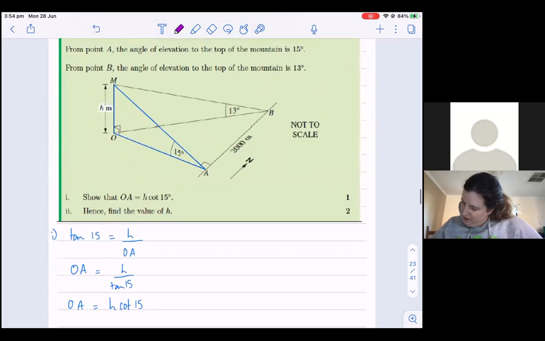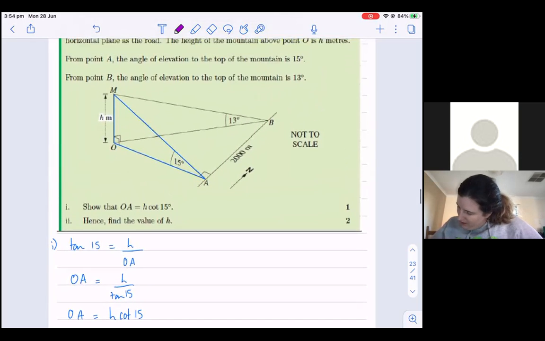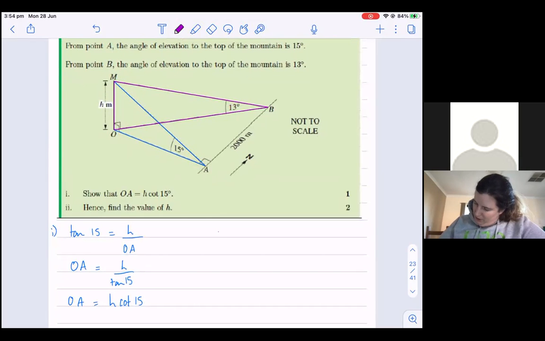Hence, find the value of H. Well, we've been given a few more pieces of information. We know this one. We know OB is going to be H cot 13.